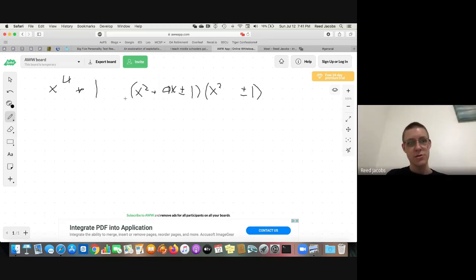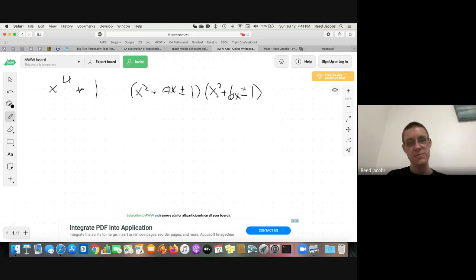Now for the linear term we get when we multiply these two polynomials together, an easier way to see this would be with the cubic term. So let's say this linear term is bx.